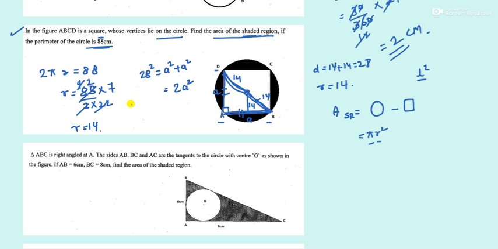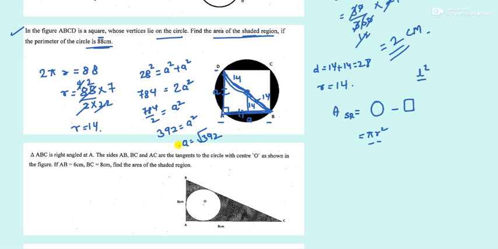And this is 28 square. You should know that 28 square is 784, correct? So 784 by 2 if you do, okay, what will you get? You will get 392, isn't it? That is your A square. But what is A? Root of 392. What is root of 392?